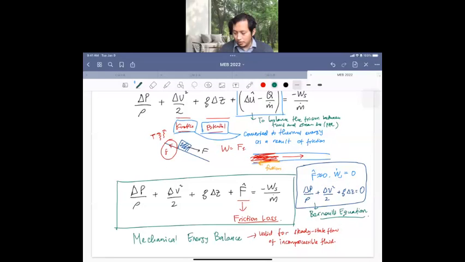So, the mechanical energy balance. Of course, if we compare with the classic enthalpy balance of the whole system, whether it's open or closed, mechanically each component is relatively small. The heat is relatively small. But if you are observing some industrial process, you need to know what happens in each section.